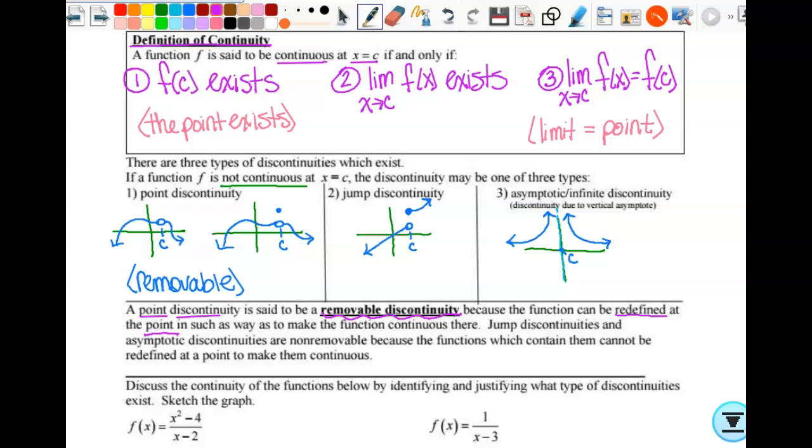So I could just plug this point back in, or move that one down. I can redefine it and now we're continuous. Jump discontinuities and asymptotic discontinuities are non-removable because the functions which contain them cannot be redefined at a point to make them continuous. That's why it's called removable.